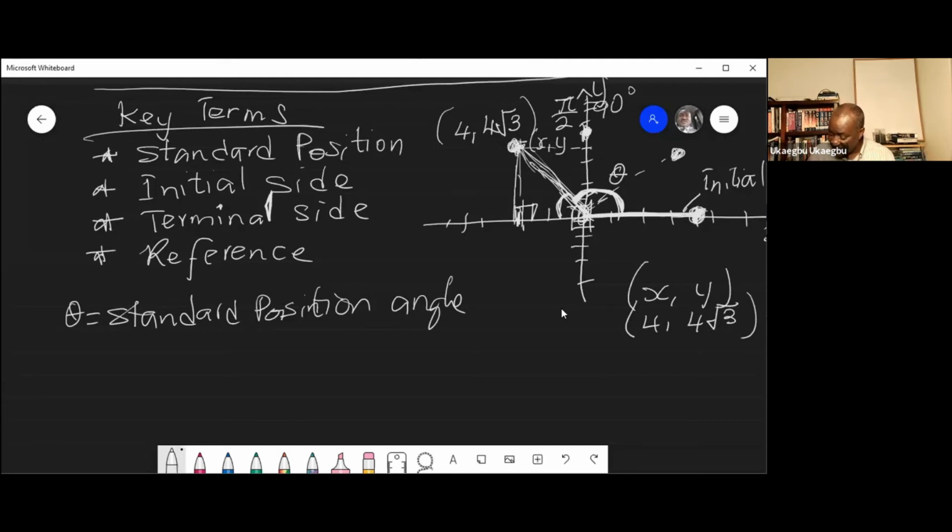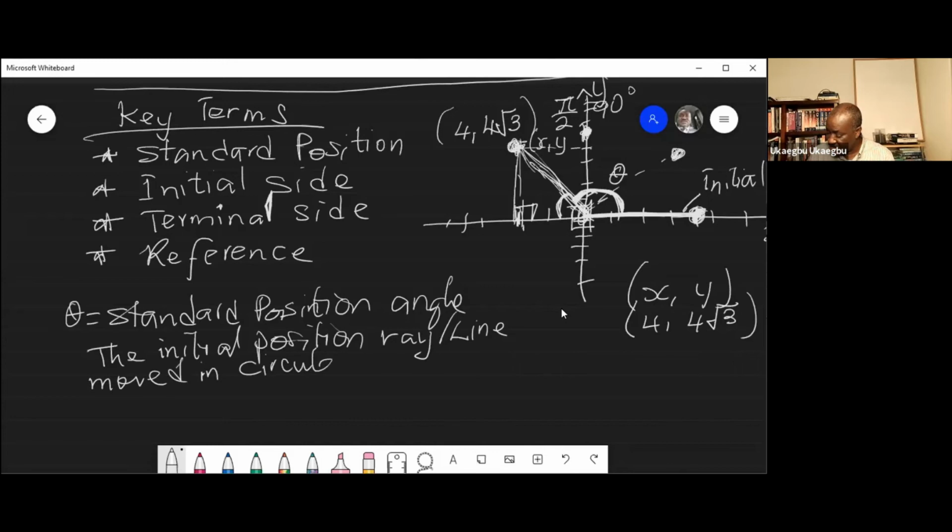So you can say that the initial position ray, you can call it ray or line, it doesn't matter, moved in a circular direction and stopped at, so it stopped at what?